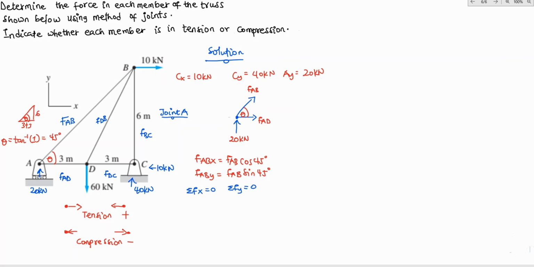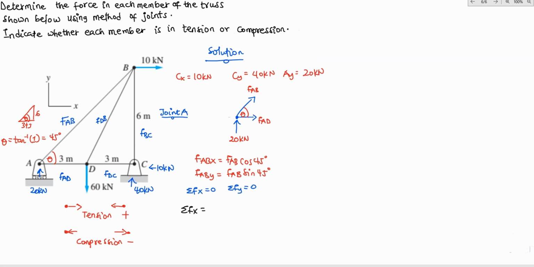So let's continue. To solve for FAB and FAD, we are going to consider these two equations. The first one will be the sum of the forces in the x-axis direction equals 0, and the second will be the sum of the forces in the y-axis direction equals 0. Considering the sum of the forces in the x-axis direction, we have FAD and the x component of FAB.